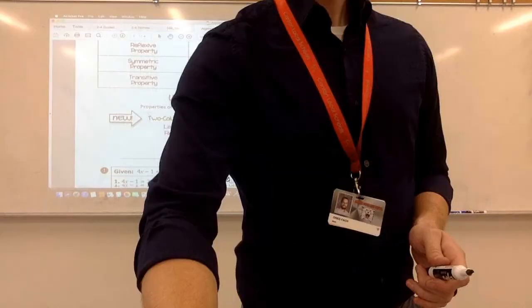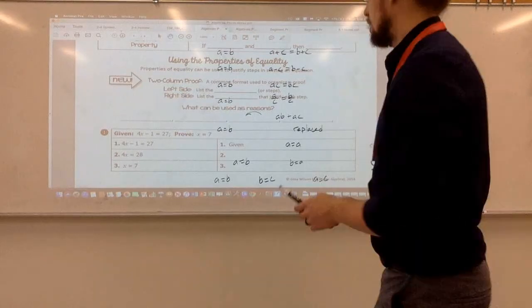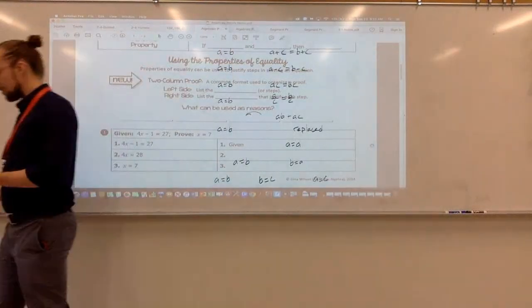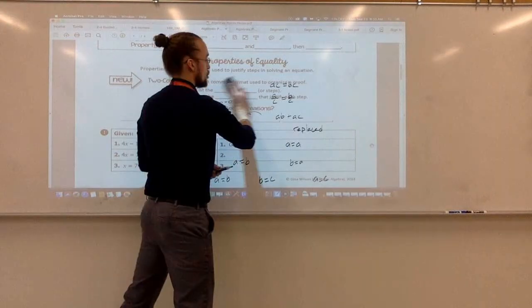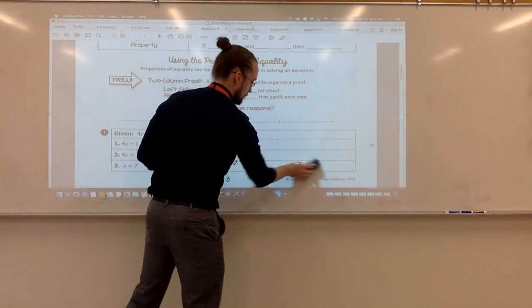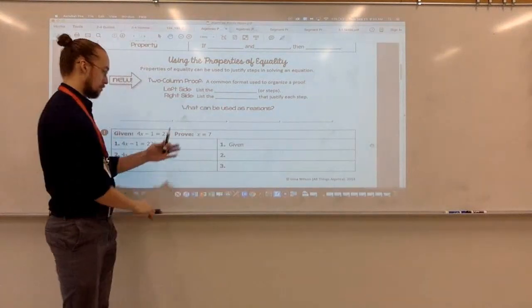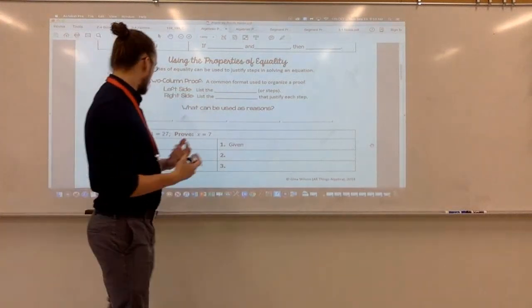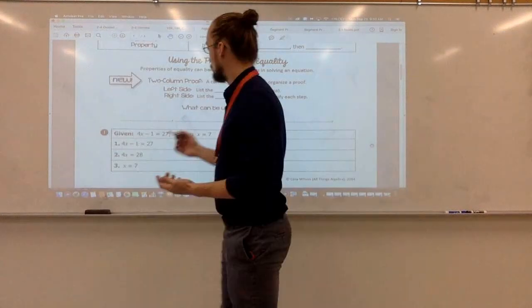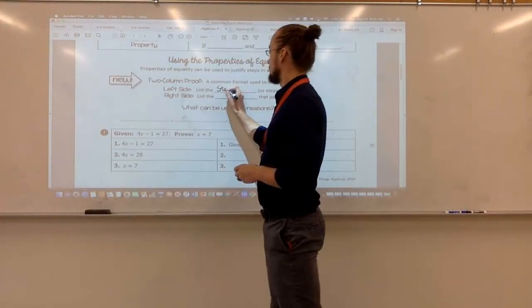Okay, so then, using the properties of equality, what we're going to do is create two-column proofs. The rest of your paper has these two-column proofs on it. The left side of a two-column proof, we're going to call the statements.